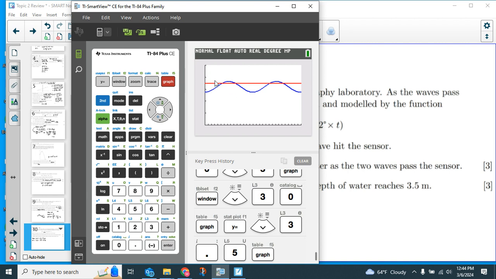These ones up here are probably too early. Since this is going from 0 to 30, this middle point right in here is probably about 15, so I'm probably going to be looking for this one right here.